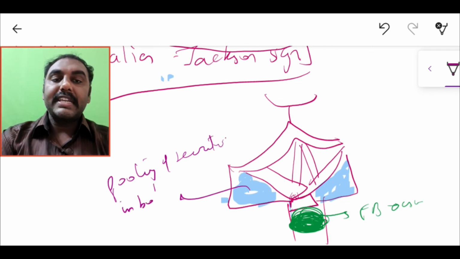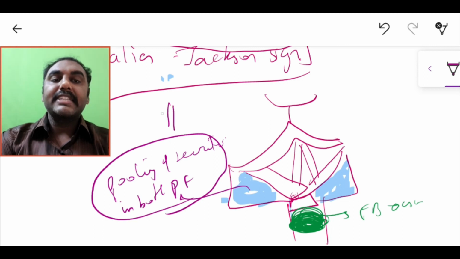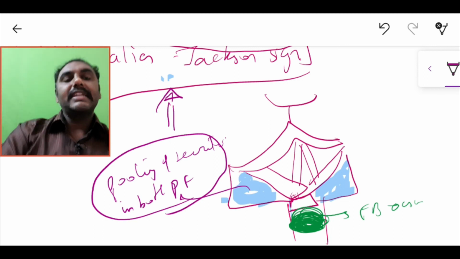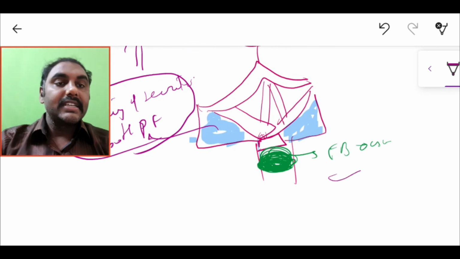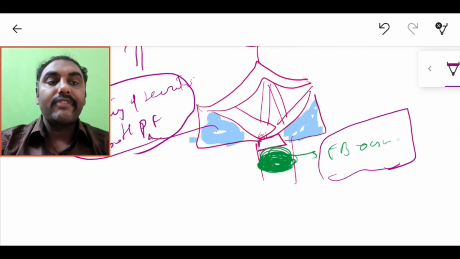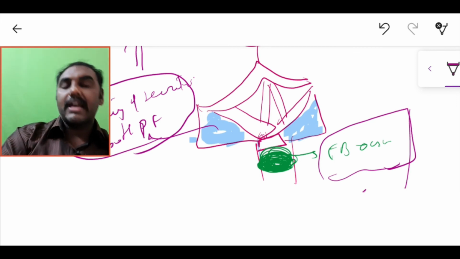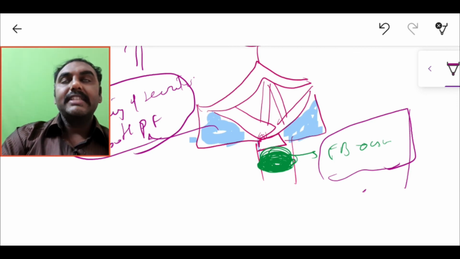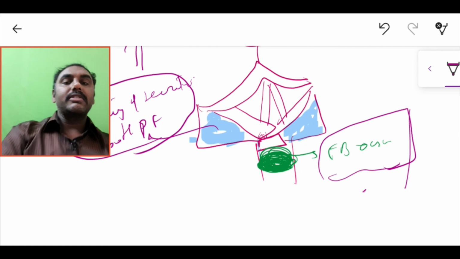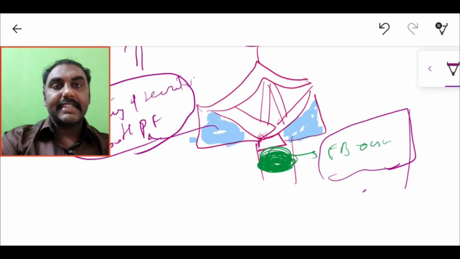So if there is a pooling of secretions in both sides of the pyriform fossa, have in mind that sign is called Cavalier-Jackson sign, and it is seen either in cases of any foreign bodies in the esophagus or any tumors in the esophagus. So we need to have that in mind. These are the signs which we come across as far as our entrance exam is concerned.